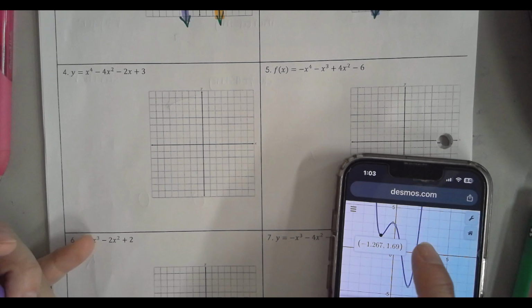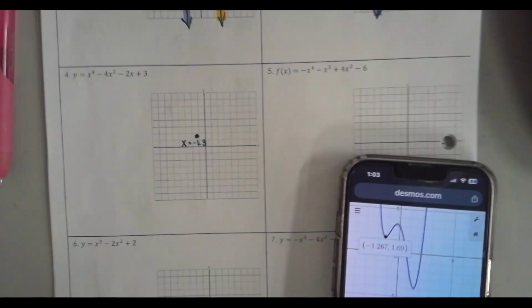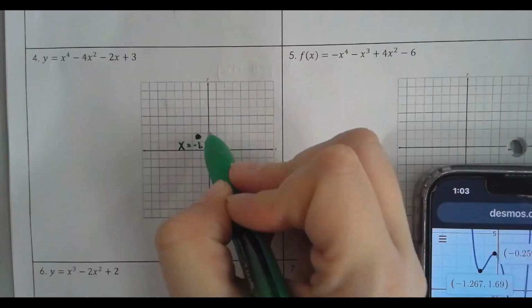Minimum, so it's negative 1 and then a little bit more, and then it's about 1.7, so about right. 0.3 there. Negative 1.3, yep. And then we have a maximum. About like that.